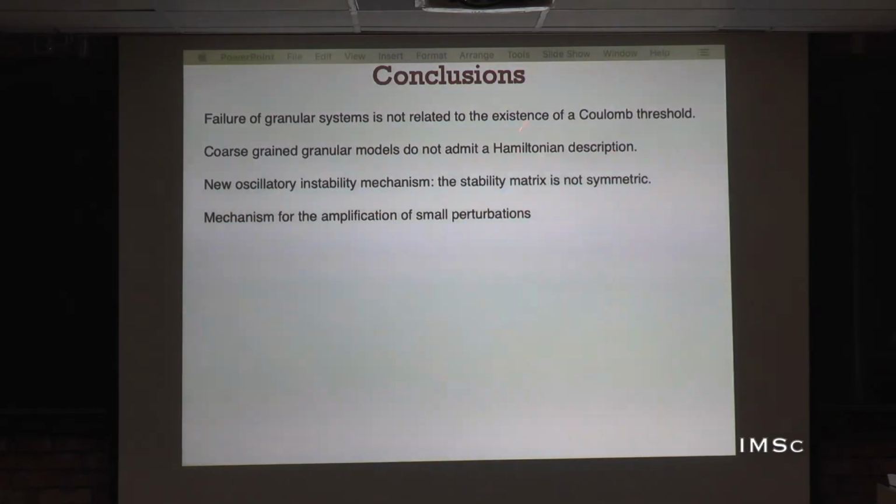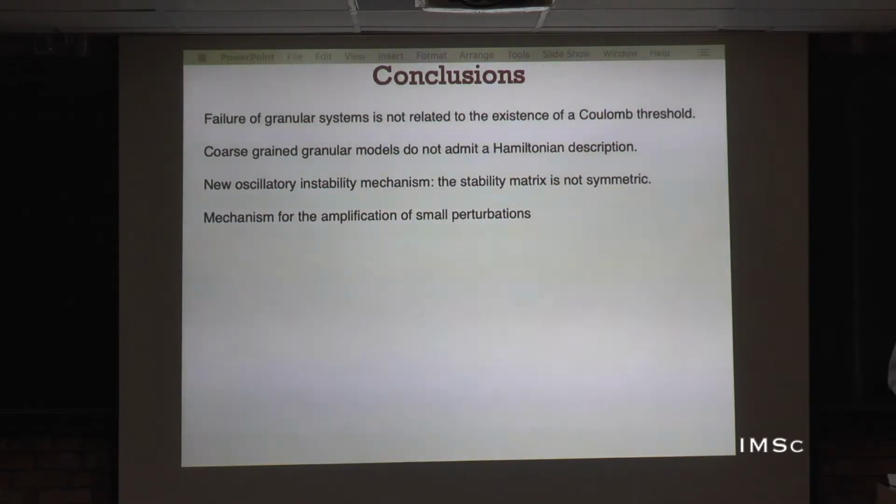And we have seen that it is possible to describe formally the stability of the system by introducing this Jacobian, which is not a real matrix, and so you have complex eigenvalues. The interpretation is oscillatory instabilities, and we have validated it against numerical simulation. And essentially, what I'd like to stress is that this mechanism can be seen as a mechanism for the amplification of small perturbations.